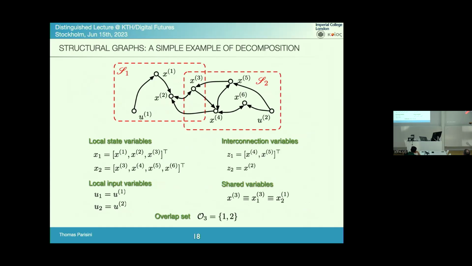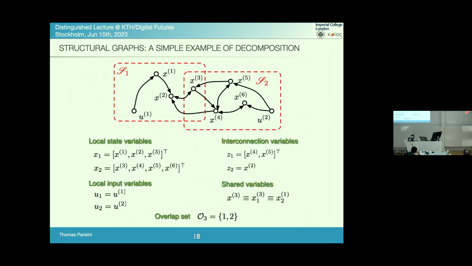And here you see that you might have truly local state variables, that means that appear in one of the boxes and not in the other, but you might have shared variables as well. So they appear in the intersection of the decomposition. Okay, so for example, in this case, you see that X3 is in the intersection, in the overlap set O3, that means that subsystems 1 and 2 share the state variable.